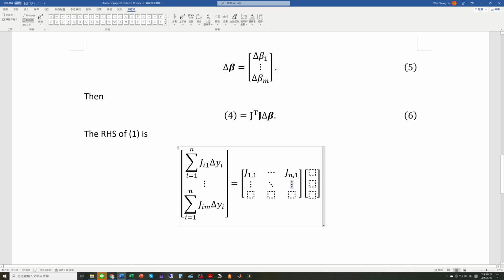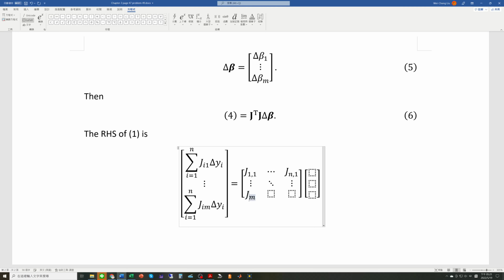Okay, so let us see this matrix. The last row of this matrix should be J_i m, where i is equal to 1 to n. So this should be J_i m, and the first element i is equal to 1.